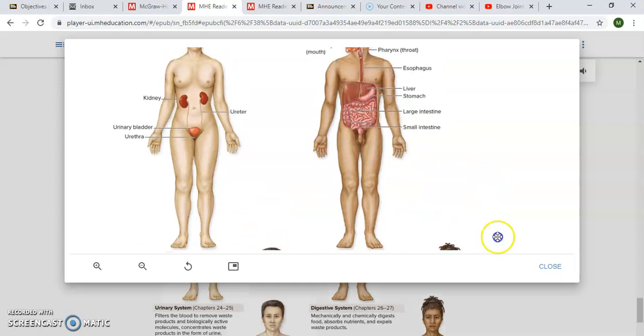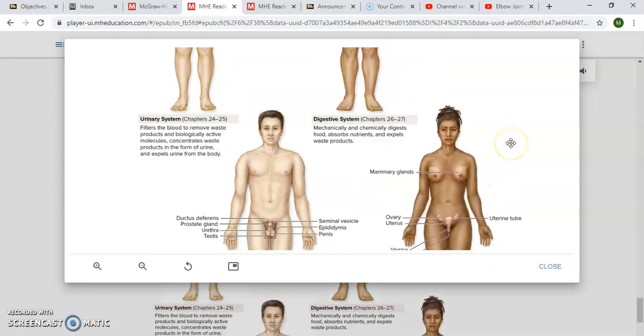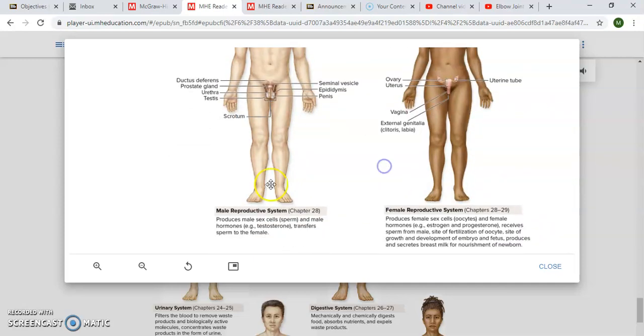And then the digestive system, everybody's probably familiar with that one. It's going to physically or mechanically break down foods and also chemically do it with enzymes. And then the nutrients get absorbed, which just means they move from the small intestines into the blood. And then, of course, the products in the food that we eat that we don't need go out, get expelled. So that's the digestive system. And then the last system, they break it down into male reproductive and female reproductive.